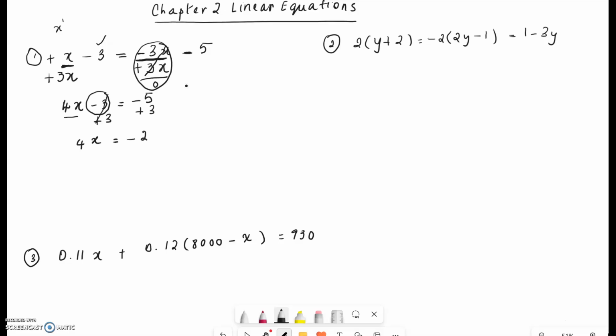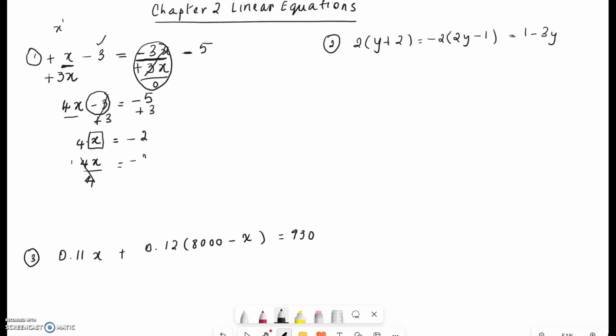Now finally, 4 is multiplied to x. So how do we get rid of the 4 and get x by itself? Remember, that's our goal. If 4 is multiplied to x, the opposite would be to divide by the 4. So that way 4 over 4 becomes a 1. 1 times x is an x.